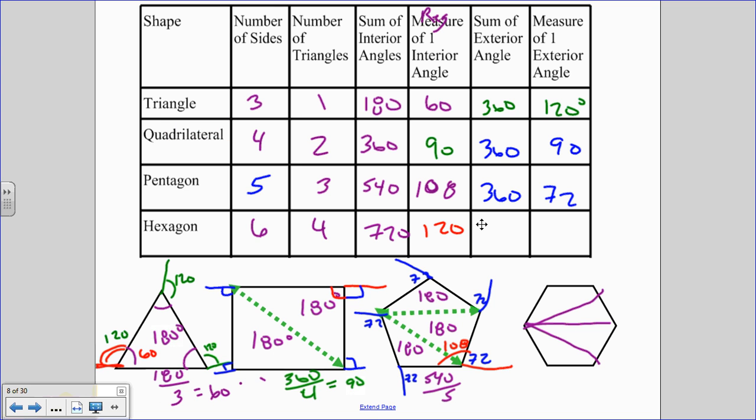The sum will be 360, and one exterior angle would be 60. Again, one interior and one exterior should be a linear pair. They should add up to be 180. So that's a reference right there.